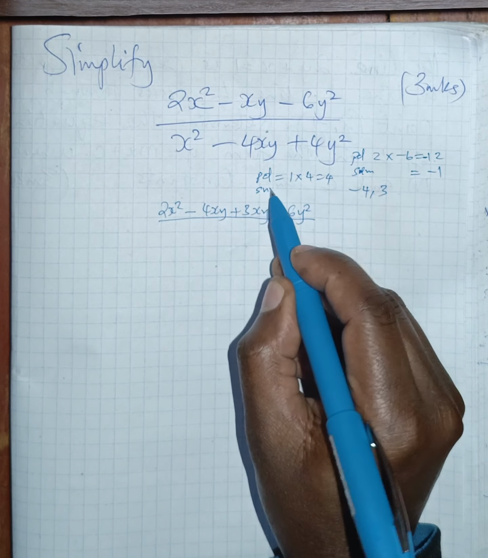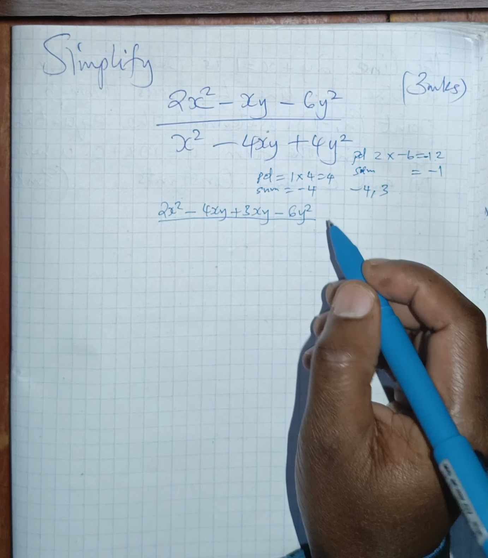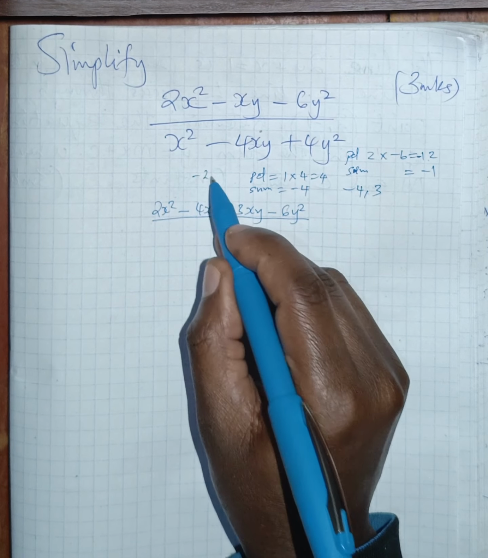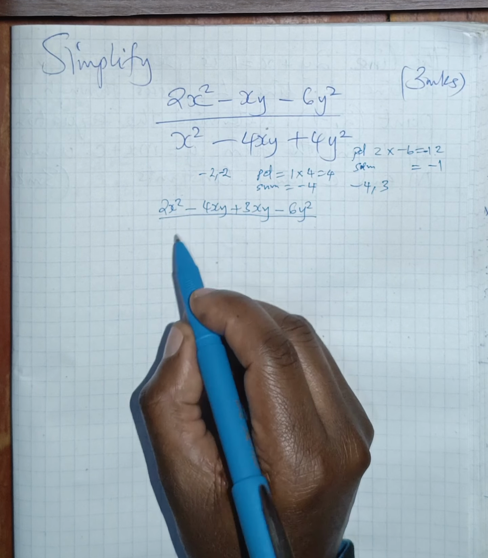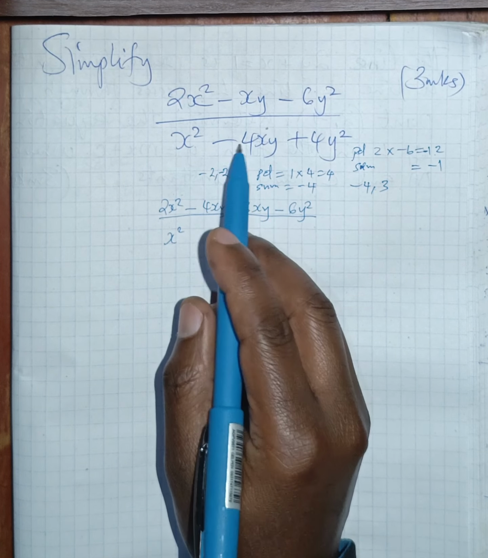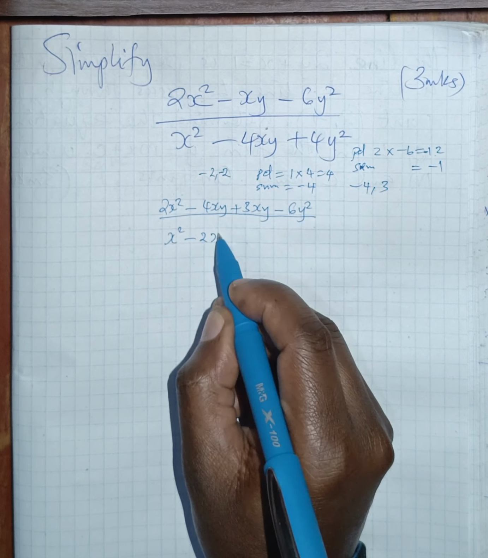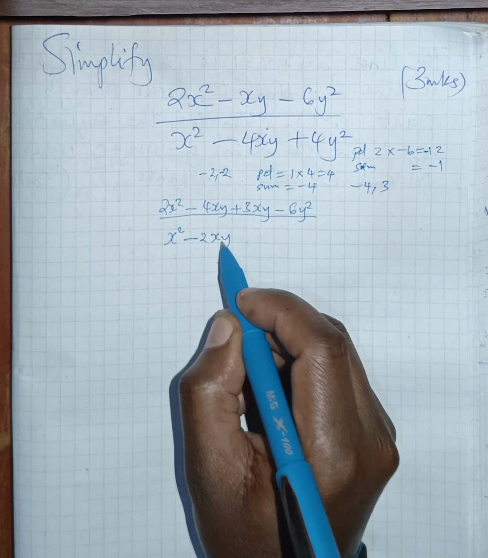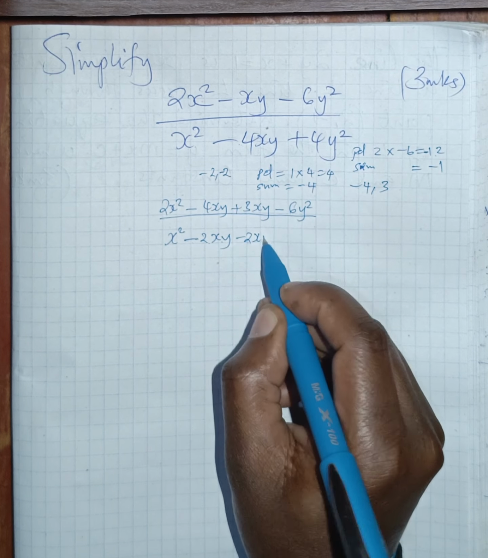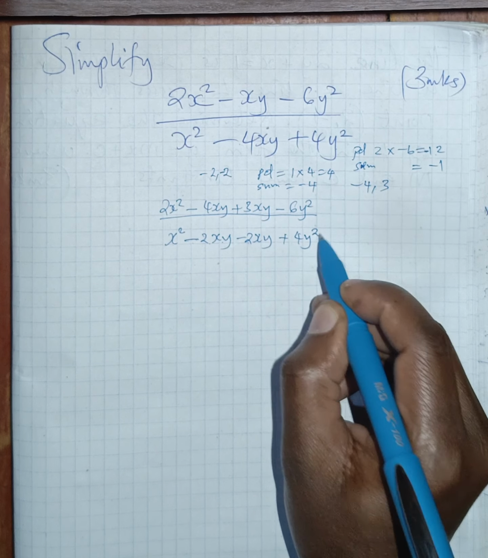Then the sum of the two numbers must be negative 4, so those two numbers are negative 2 and negative 2. So I split the middle term: x squared minus 2xy minus 2xy plus 4y squared.